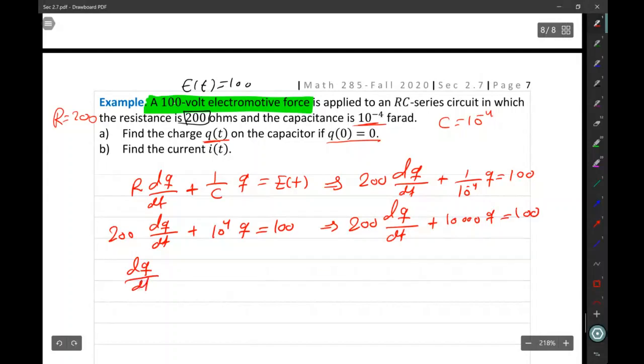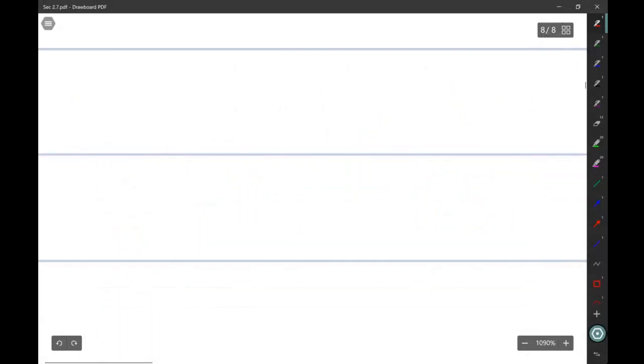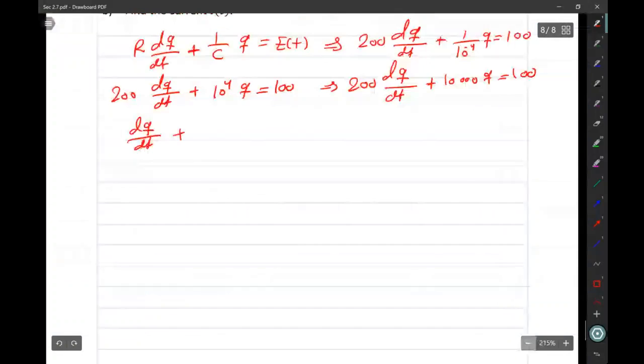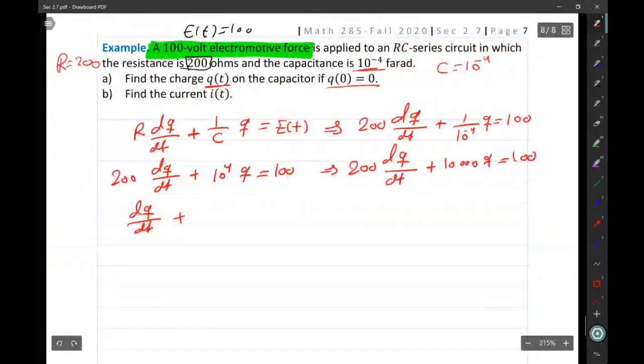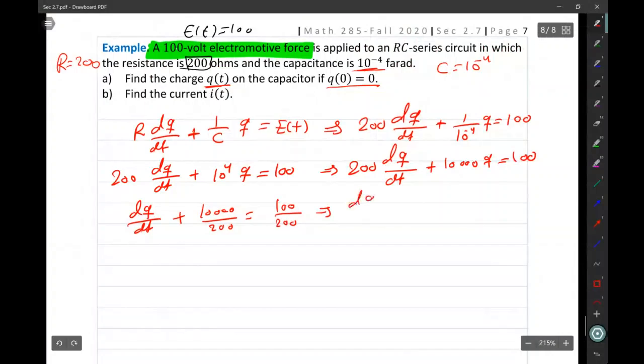Now divide both sides by 200. It becomes dq by dt plus 10,000 divided by 200, which is 50, times q is equal to 100 divided by 200, which is half.